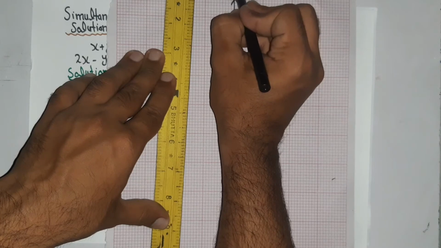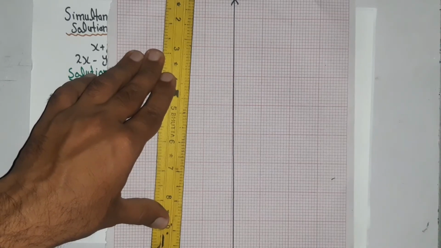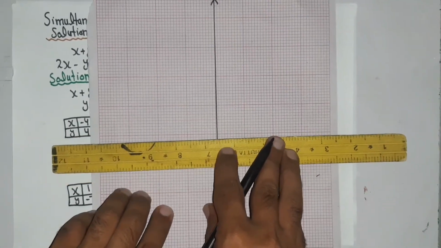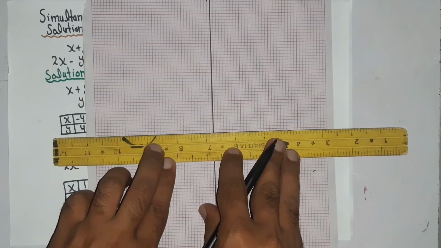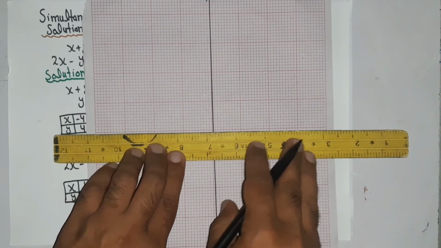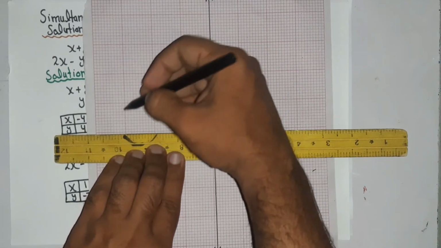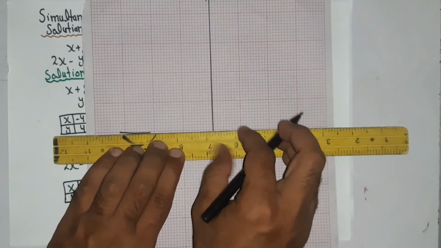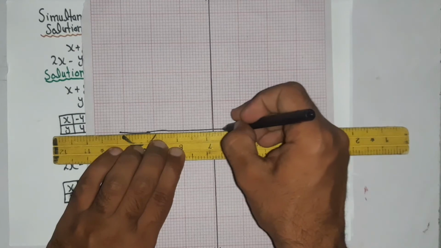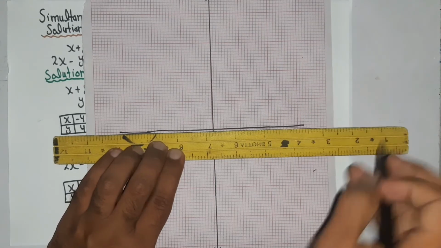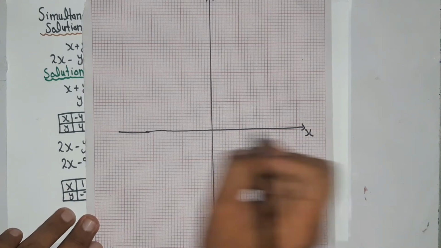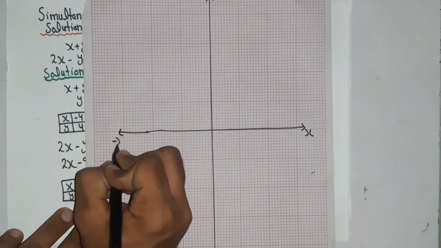So here we have positive y-axis and here we have negative y-axis. Similarly, here we have x-axis, positive x-axis, and here we have negative x-axis.